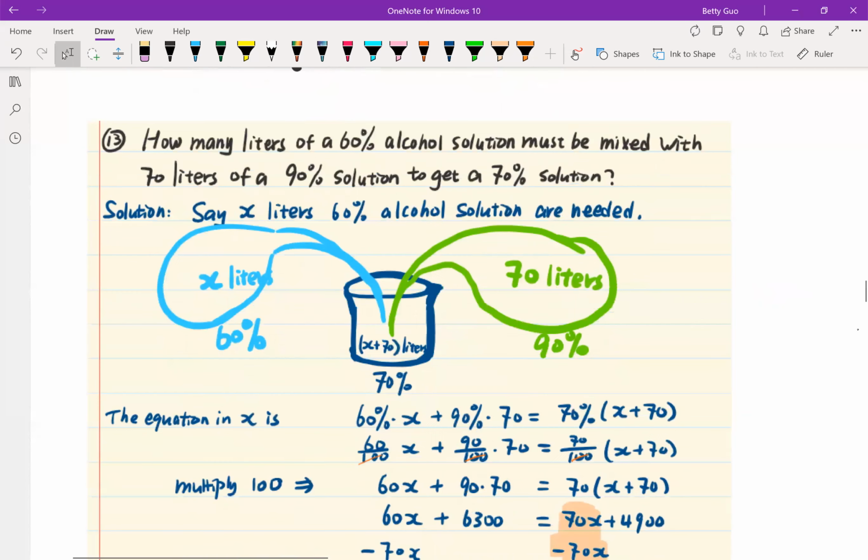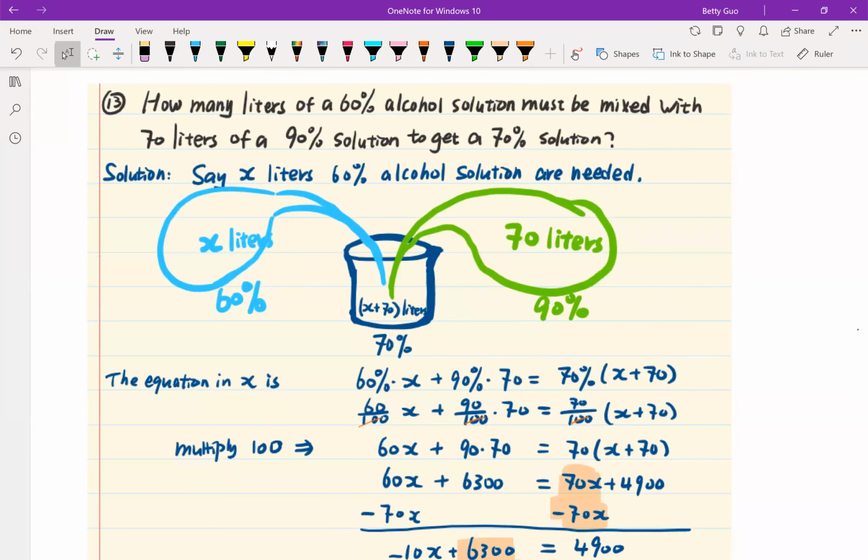Number 13 is a mixture problem. How many liters of 60% alcohol solution must be mixed with 70 liters of 90% solution to get a 70% solution? So you can see my diagram here. We bring in variable x, let x be the liters of 60% alcohol solution.